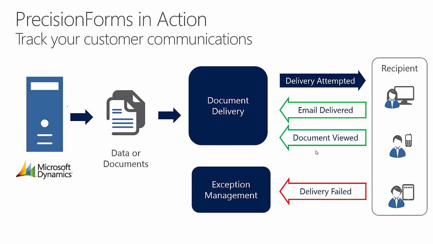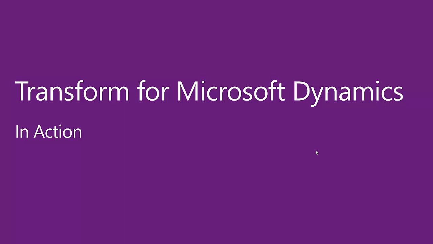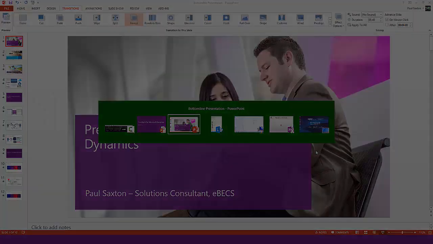Through the use of Precision Forms, we can ensure that that document is delivered promptly and that we have verification that that document has been delivered, enabling us to start that clock much sooner in the process. So let's take a look at Precision Forms for Dynamics in action.